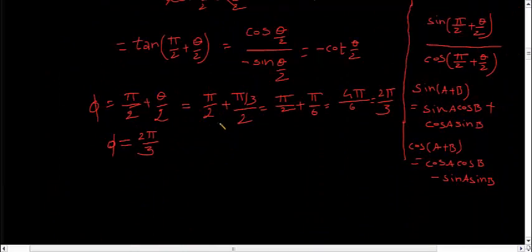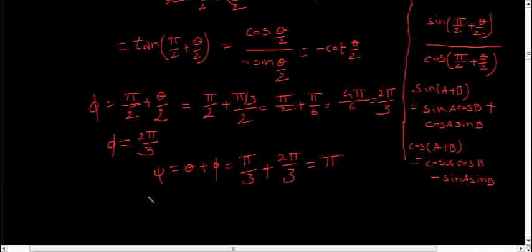So here they are asking for slope. So what is psi equal to? Psi is equal to theta plus phi, and theta is equal to pi by 3 and phi is equal to 2 pi by 3, which is nothing but pi.